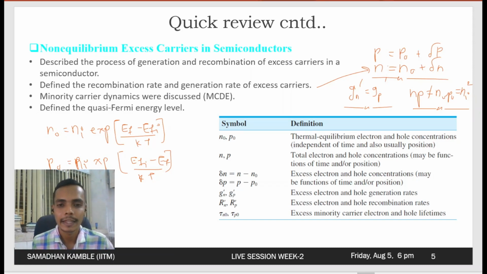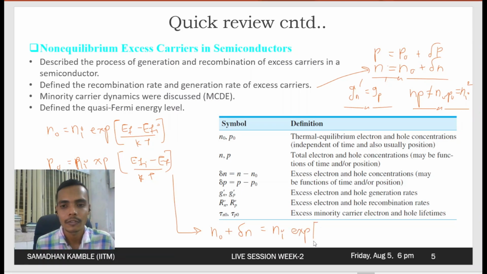So if you consider delta n and delta p as our excess electron and excess hole concentrations respectively, then we may write our carrier equations in terms of the quasi-Fermi levels as n naught plus delta n equal to Ni times exponential of (EFn minus EFi) over kT.